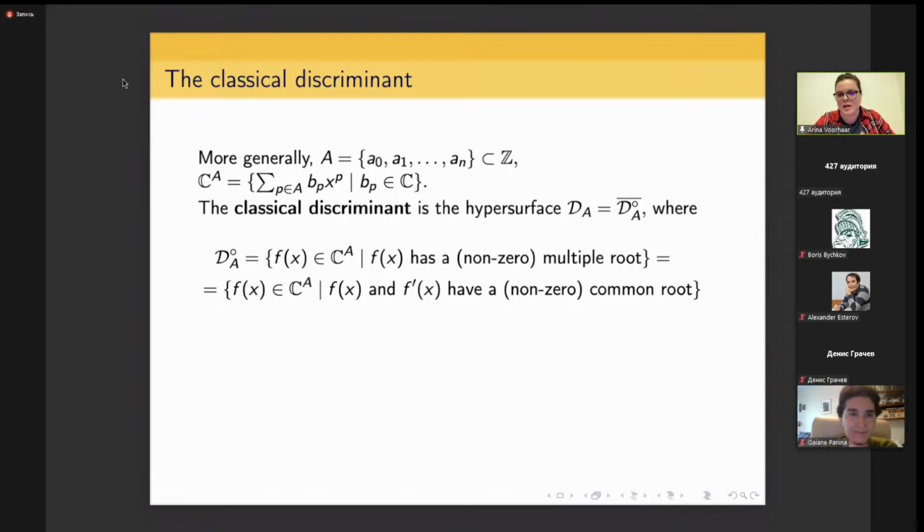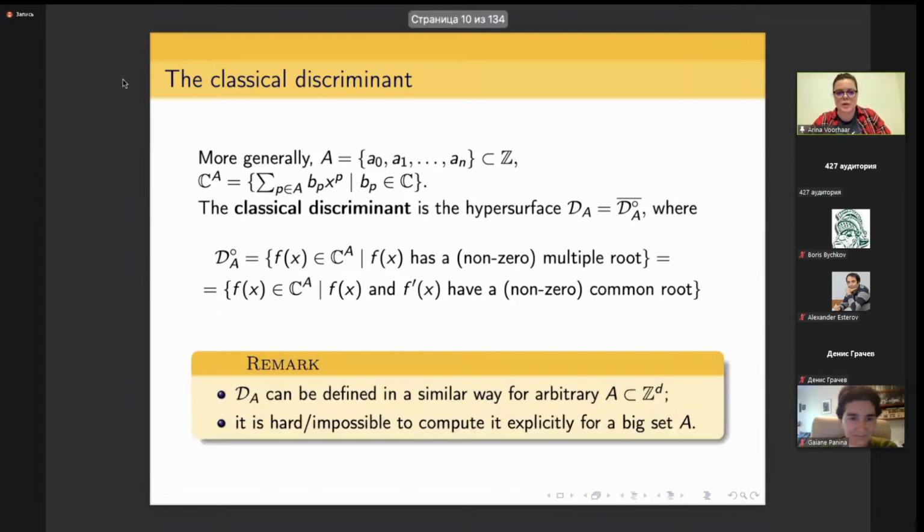I emphasize that we're interested in non-zero multiple roots because, for example, if your set A consists of large positive numbers, then of course all the polynomials in the space CA will have a multiple root 0, which is not very interesting. That's what we would call the classical discriminant, as opposed to the Morse discriminant that we will discuss slightly later in the talk.